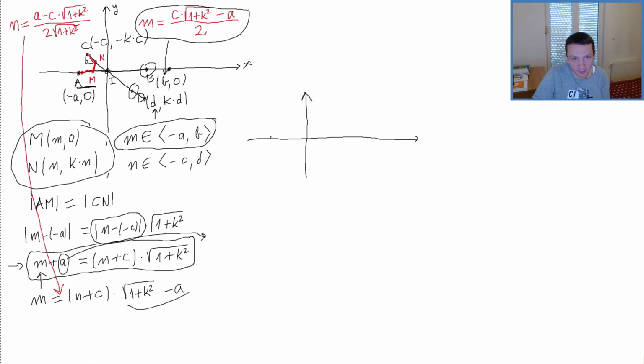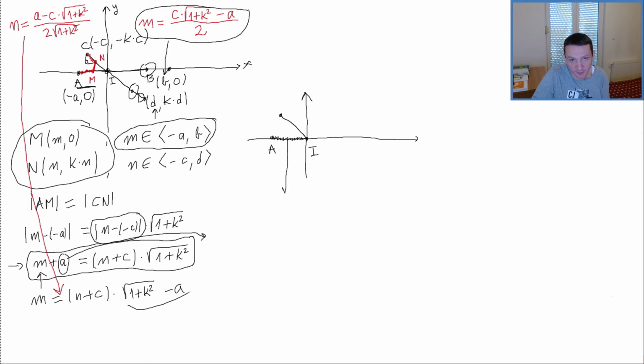So if this is A, and if this is intersect point I, and if this is C, actually minus A is the length of this segment.